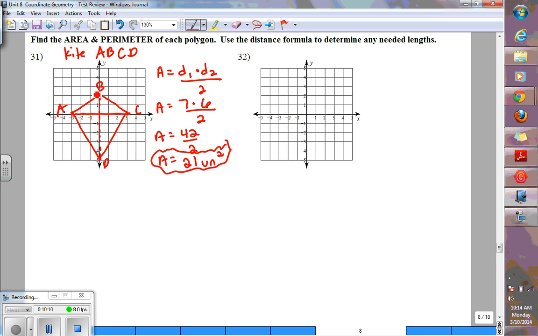Now we know that we need to find the side lengths in order to find the perimeter. We know it's a kite, so we know that this length is going to be the same as this length, and these two are going to be the same as well. So we're only going to need to do the distance formula twice. So on this one, I have a 2 side and a 3 side.